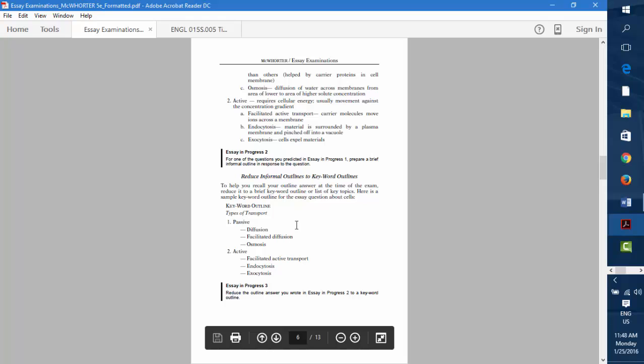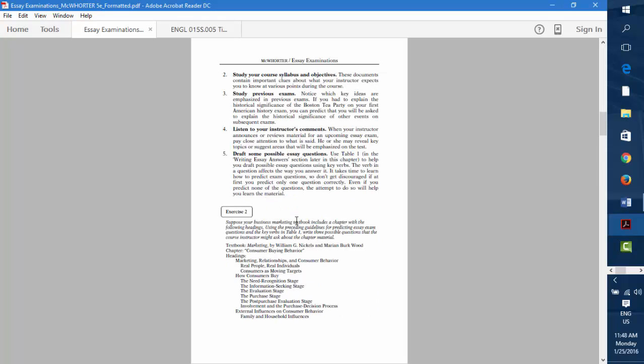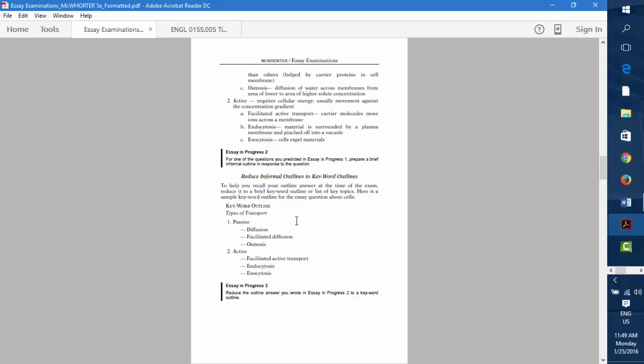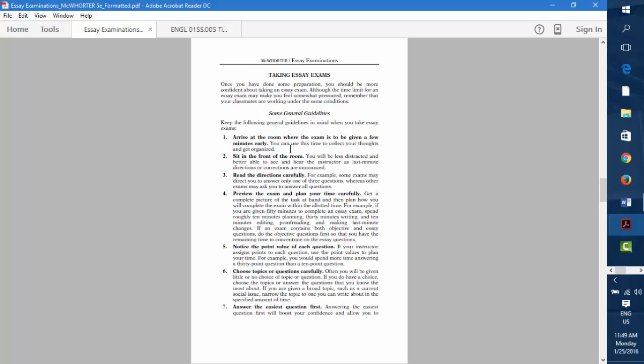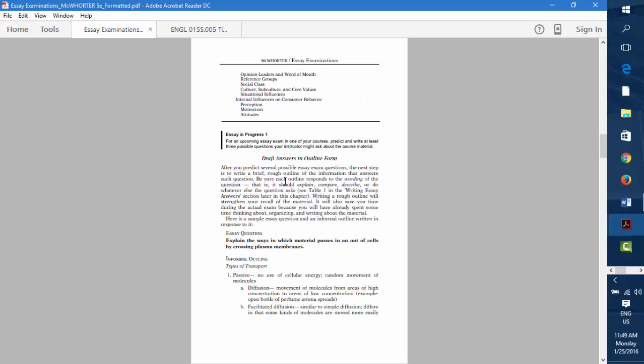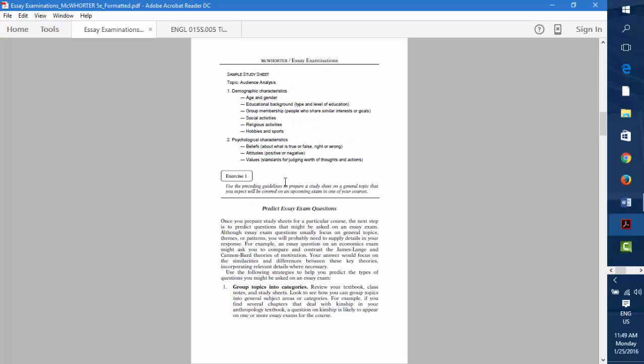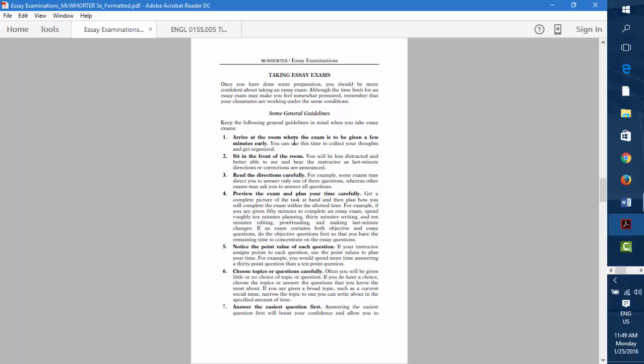Now, here she gives a good example of when you're taking the exam: how to arrive in the room, read the directions, just like we talked about, preview the exam, and plan your time carefully, just like we talked about. Notice the point value of each question.